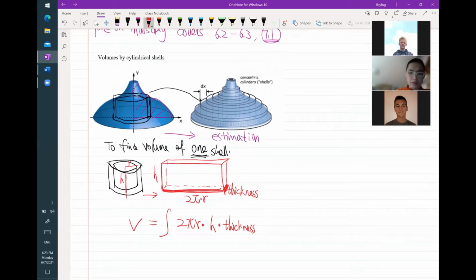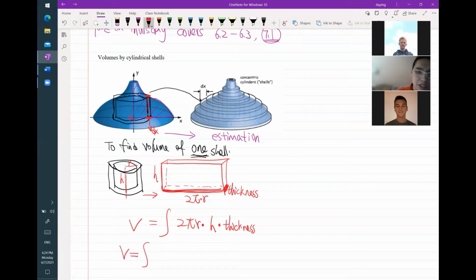In a more correct notation, going back to the first diagram here, if we call the thickness of one shell dx, because it's in the direction of x, this is the thickness, and then we can write the volume using the shell method. We'll be integrating.